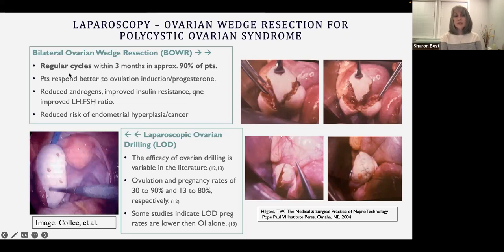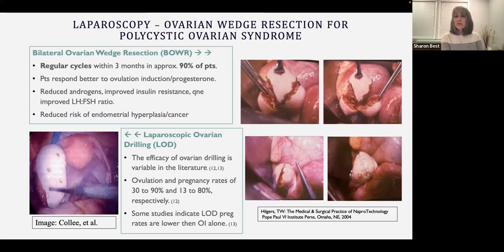So the patient's regular cycles will return often within 3 months. Polycystic ovary syndrome patients often have very long cycles, greater than 45 days or so. Patients will respond better to ovulation induction. So if we want to give them letrozole or Clomid, they'll also respond better to the progesterone replacement. It also reduces some of those androgens.